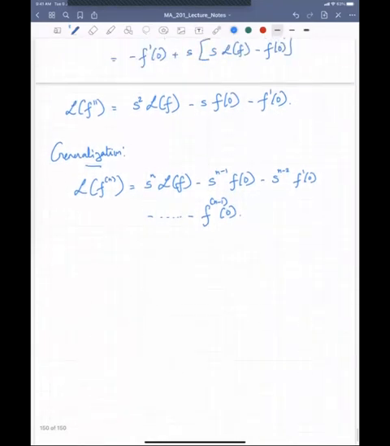Okay, so if you plug in n equals 2, you will recover the formula above. So this is how you calculate the Laplace transform of derivatives of functions.